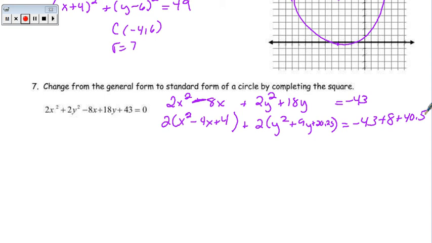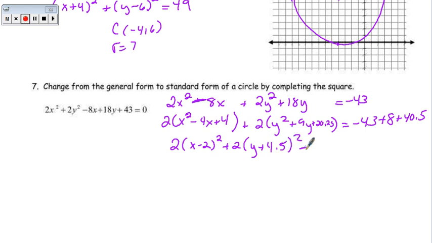At this point, I can start to complete the square by factoring here. So I'm going to wind up with x minus 2 squared plus 2 times y plus 4.5 squared.